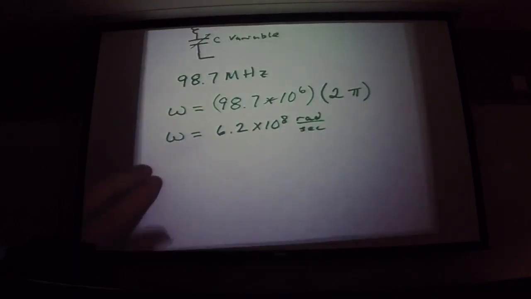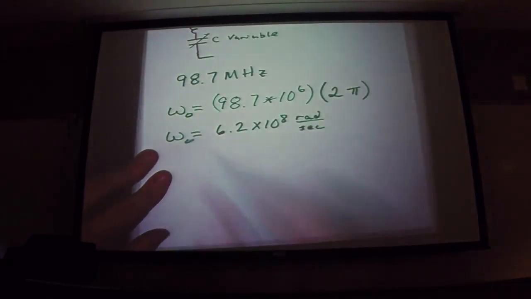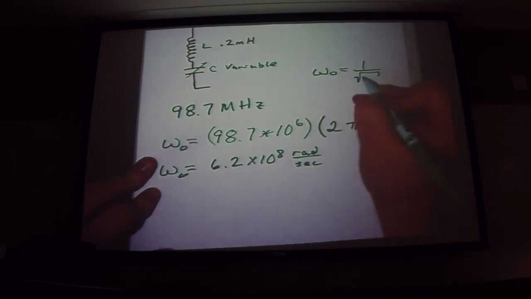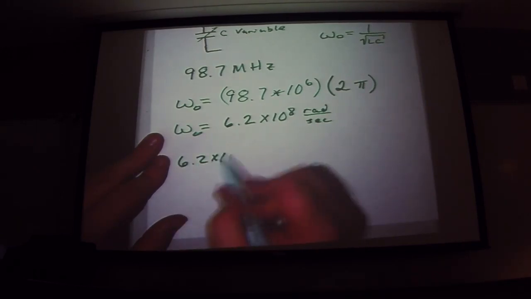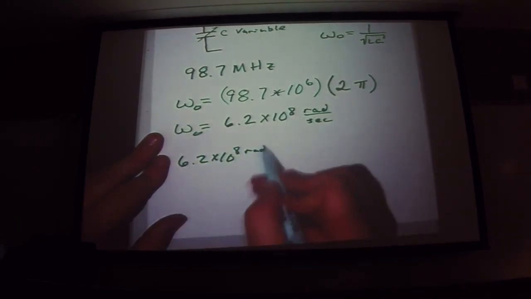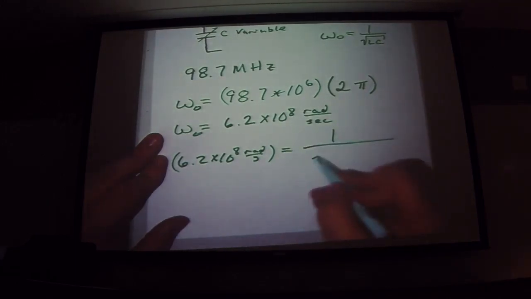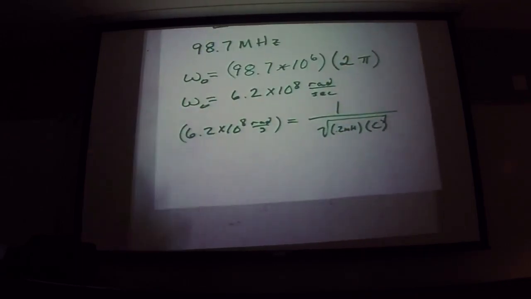And so we want our circuit then to resonate at this because we want this to be our resonance. So let's go ahead and put an omega naught here, and then we plug it into our formula for that resonance. So that 6.2 times 10 to the 8th radians per second is equal to 1 over the square root of the inductance, which is 0.2 millihenries, multiplied by the capacitance, which is what we're looking for.